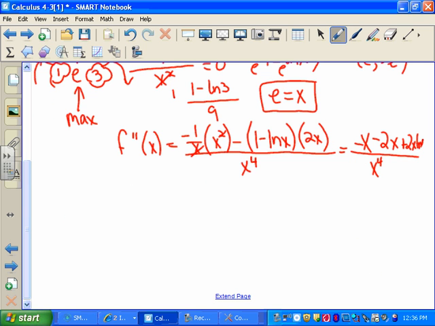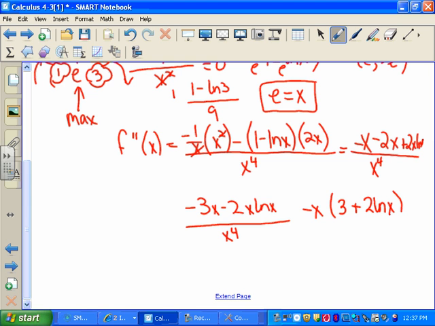If I do a little bit of algebra, hopefully correctly, I'm going to factor out a negative x, and I'm going to get 3 plus 2 ln x all over x to the fourth. So I get negative 1 over (3 plus 2 ln x) over x cubed.